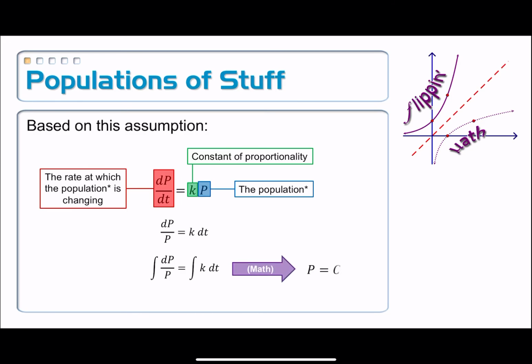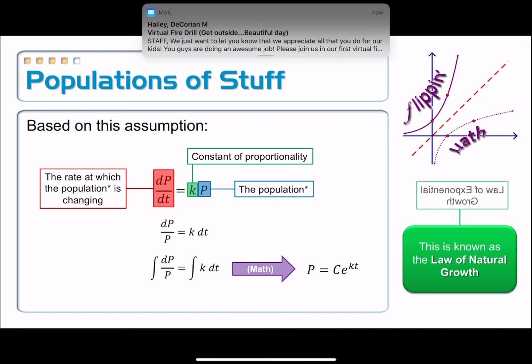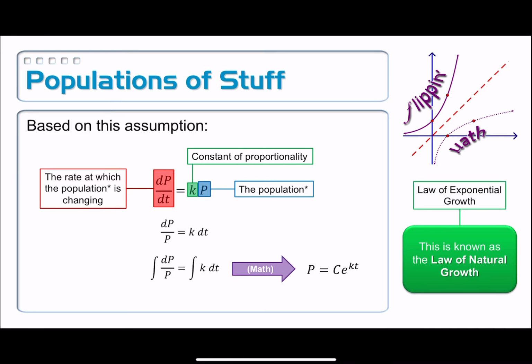You're going to see some math happen, and then we get P is equal to C times e to the kt power. You may remember this in another class as the PERT model, right? So what we're calling this law of natural growth is our exponential growth equation. So what I am going to do in the next video is show you the math that's actually missing in here, that purple arrow, show you all the math that's involved in deriving that exponential growth equation.